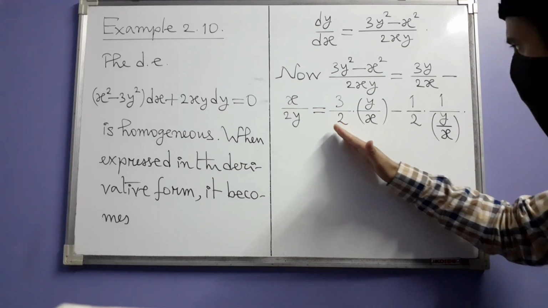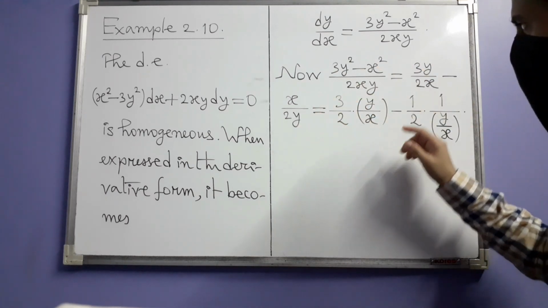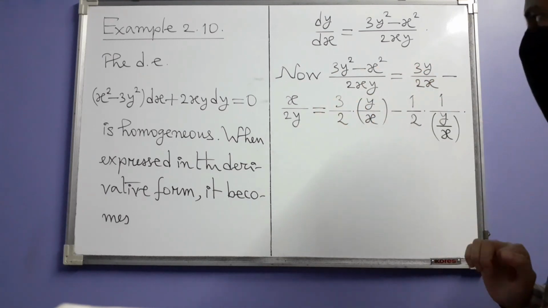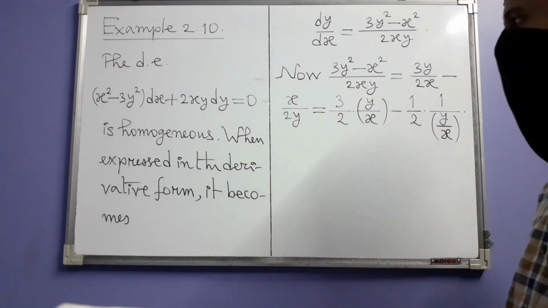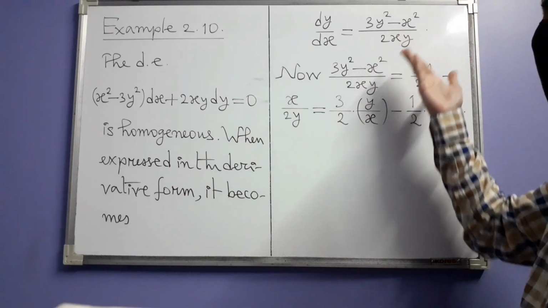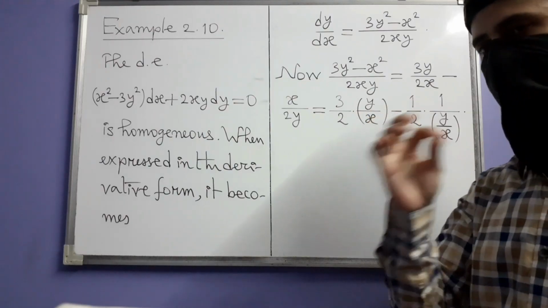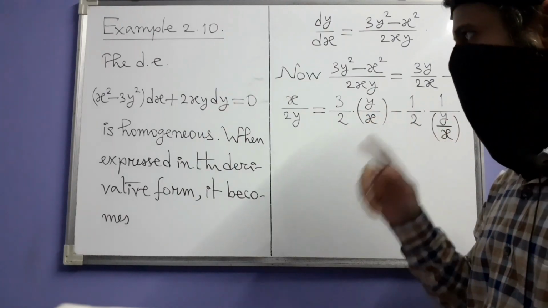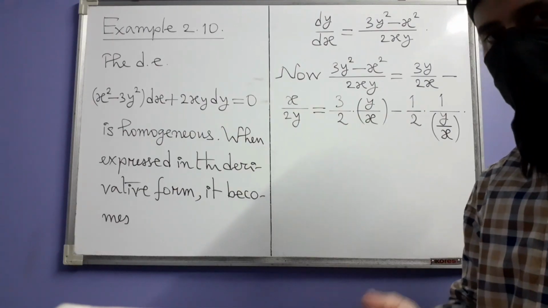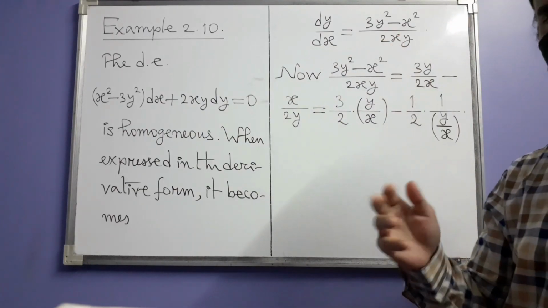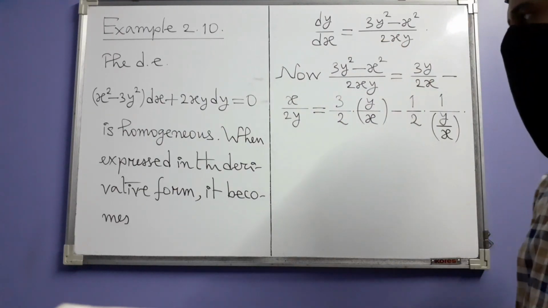So ultimately this entire expression becomes a function of y divided by x. So that function is that g there. So because we can express this right hand side as the function of y divided by x only, that is why by definition the original differential equation is homogeneous, or this is homogeneous because they are essentially equivalent.